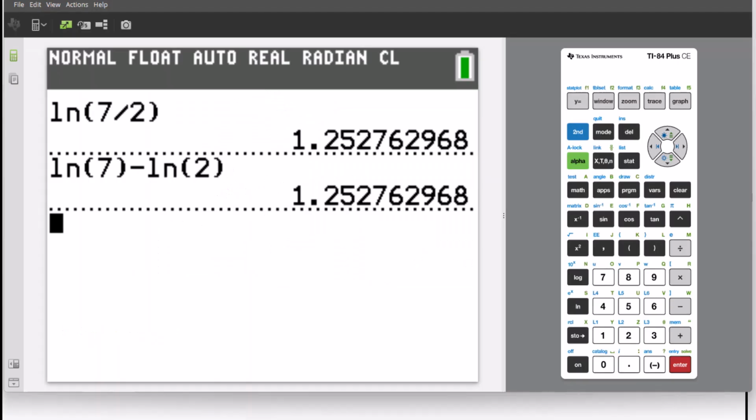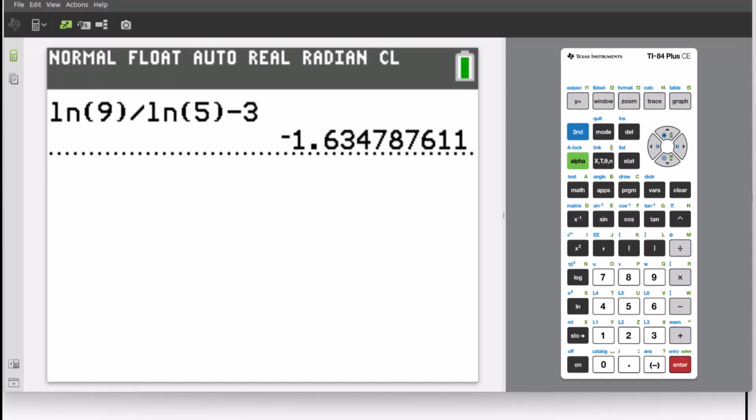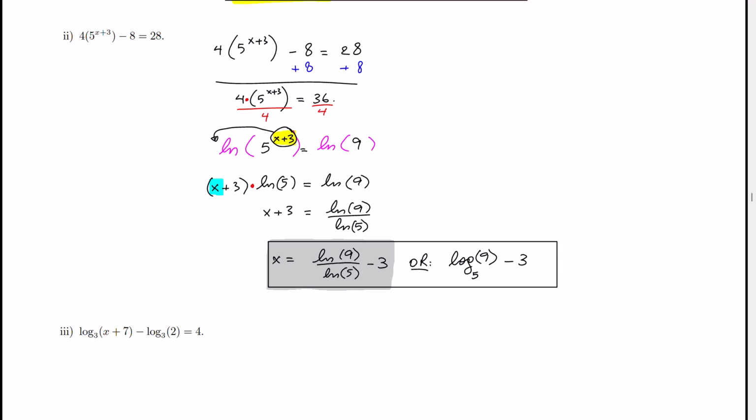So going back to my calculator, type in ln of 9, make sure you close the parentheses, divided by ln of 5, make sure you close parentheses, and then everything has to get subtracted by 3. So the solution is negative 1.6347. We're rounding to 3 decimal places, so we're going to say 635. So negative 1.